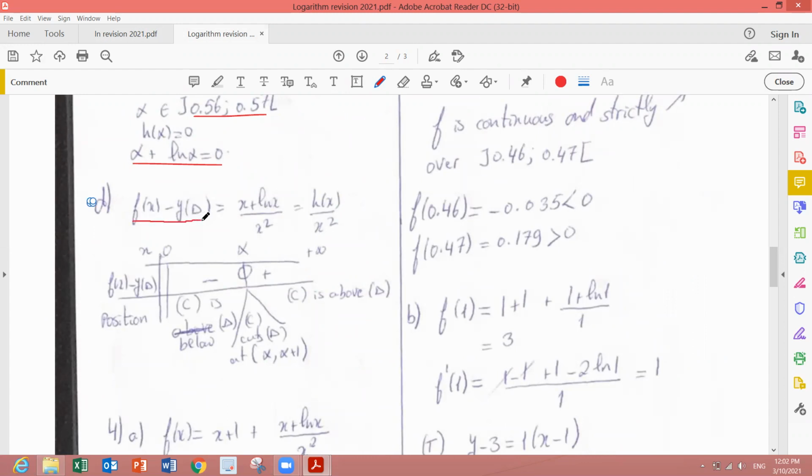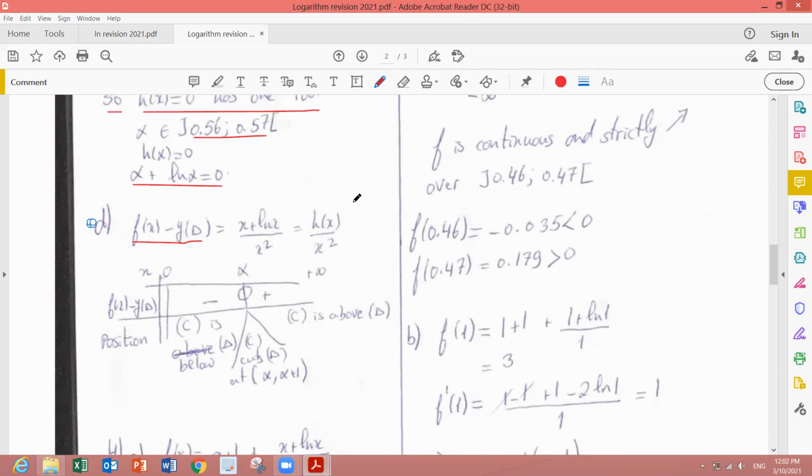f(x) minus y delta equals (x plus ln x) over x squared, equal h(x) over x squared. So h(x) equal to 0 has one root at alpha.